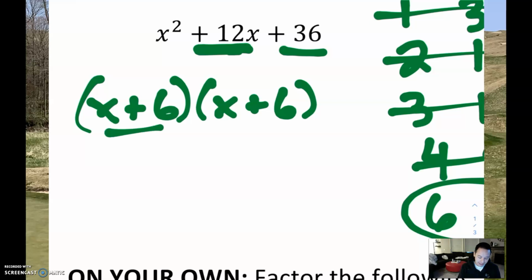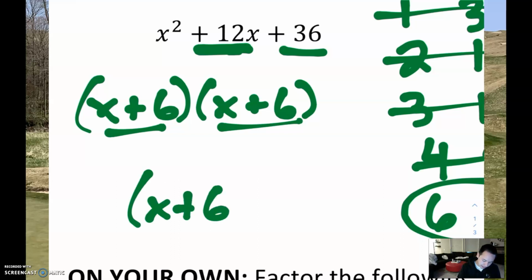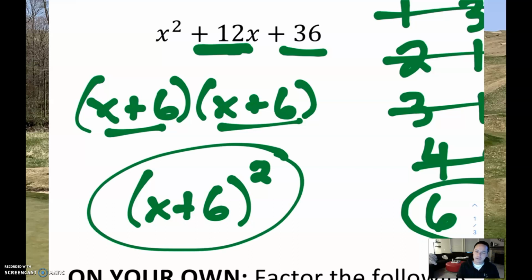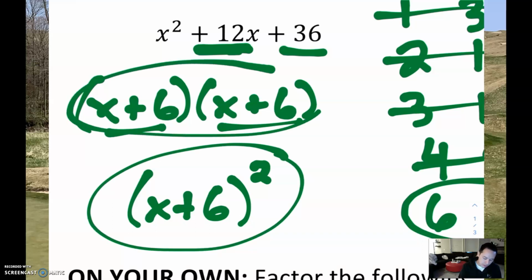Since it's the same binomial being multiplied 2 times, we're going to write it as x plus 6 squared. And that is our final answer. So the key thing to notice here, when you have 2 binomials that are the exact same being multiplied by each other, you can write it as squared.